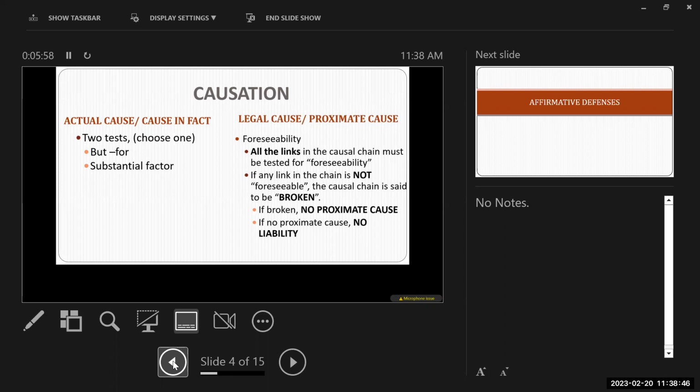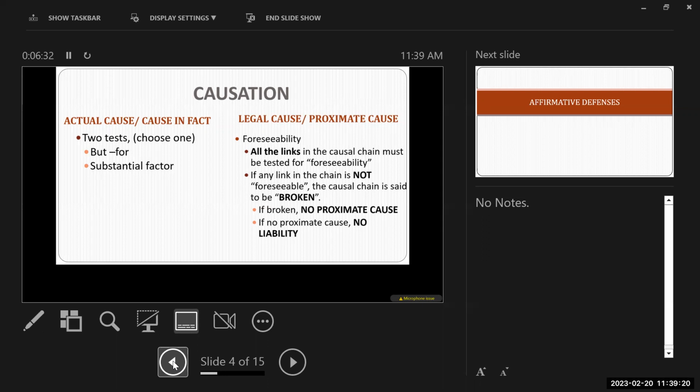The but-for test is the test that looks to determine if the act or the omission that is the breach of duty, excuse me, the but-for cause is the act or omission that caused the breach of duty.